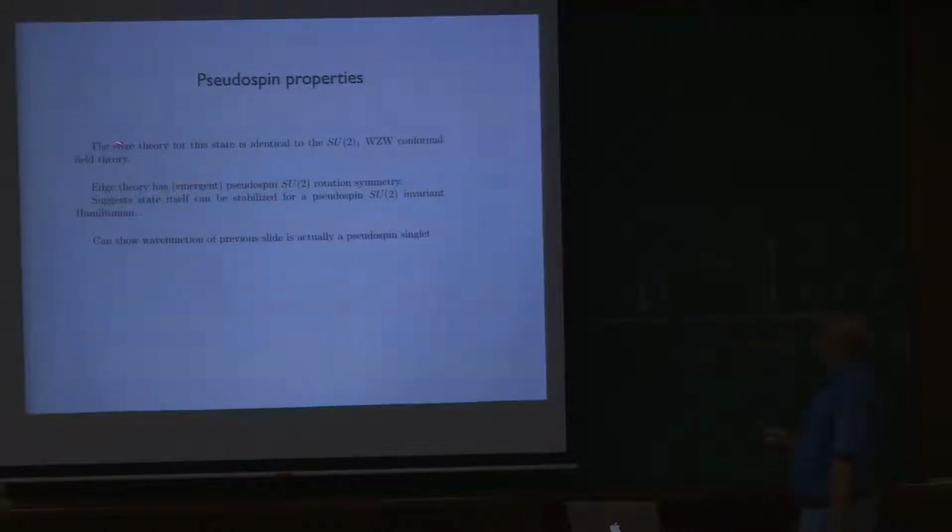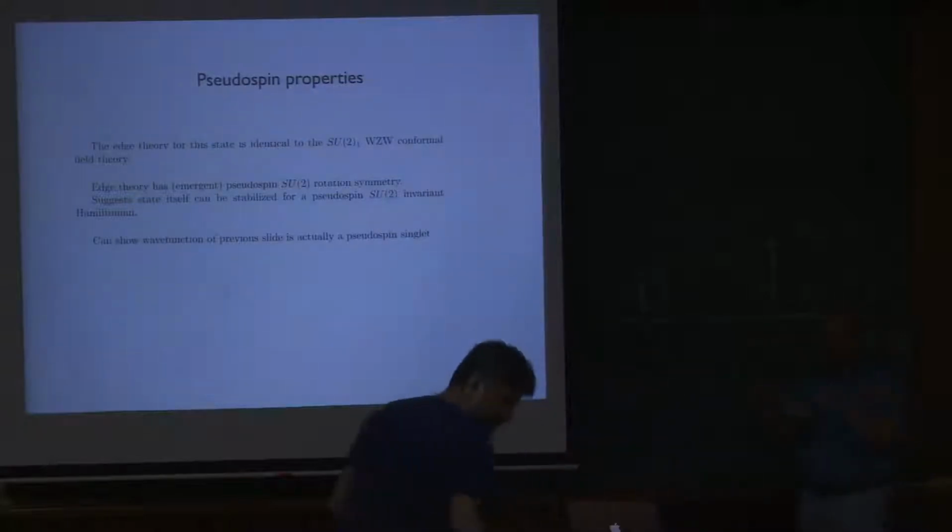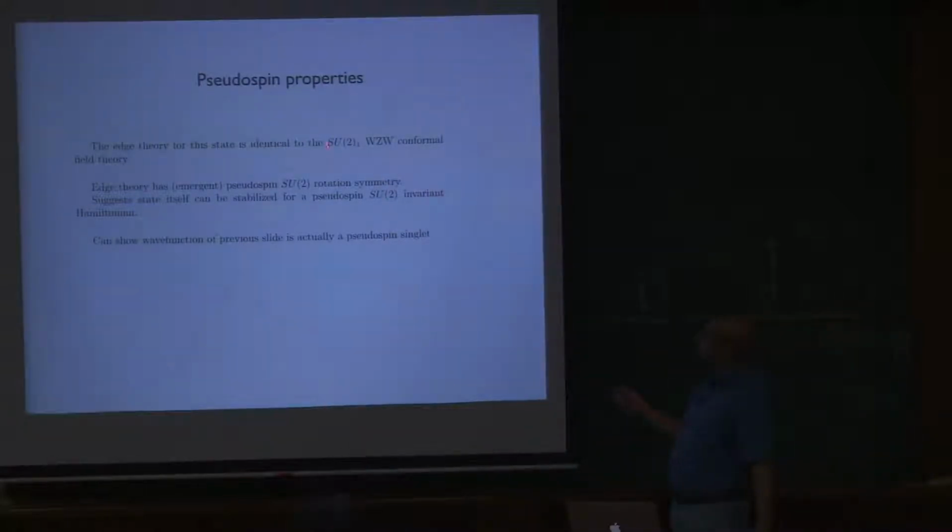So the edge theory for the state, which has one chiral boson going that way and one chiral boson going this way, it turns out it's a familiar conformal field theory. It's called the SU2 level 1 WZW theory. So the edge theory has an emergent pseudo-spin SU2 rotation symmetry.